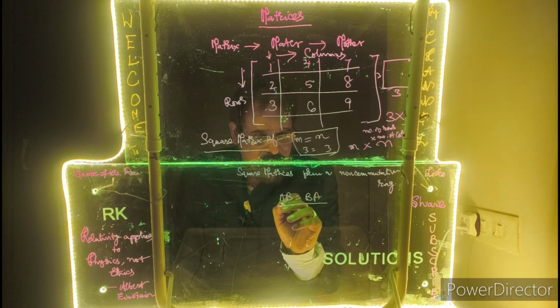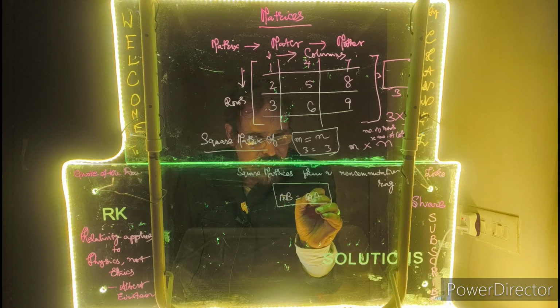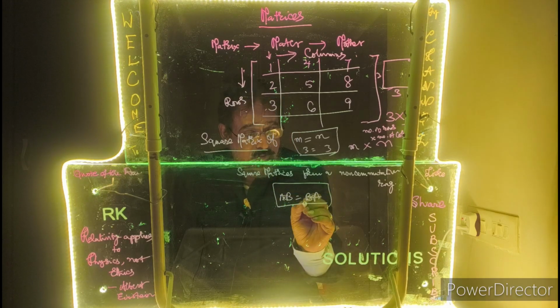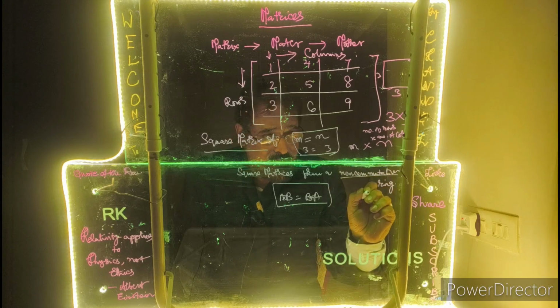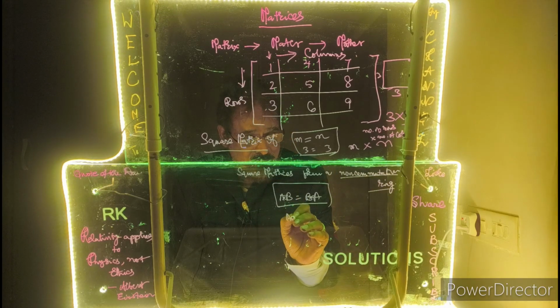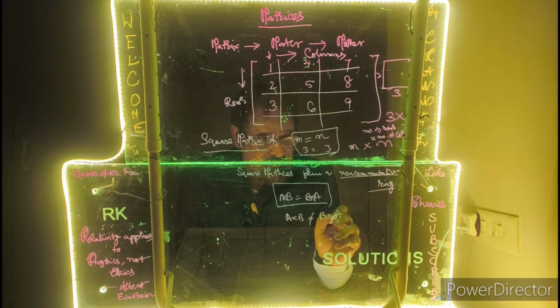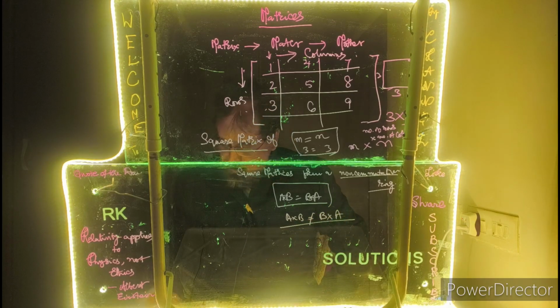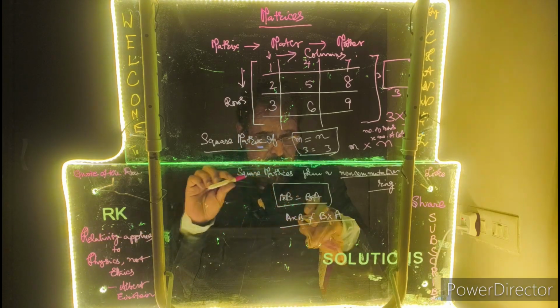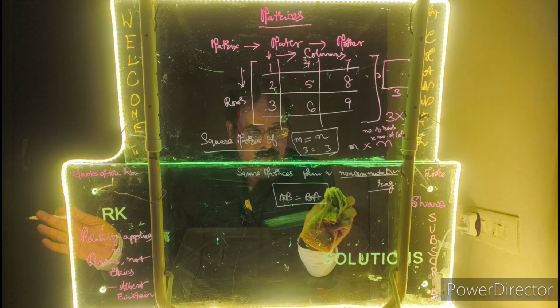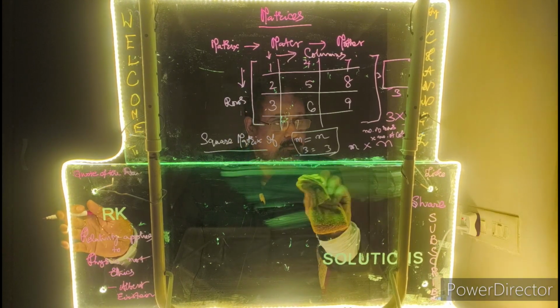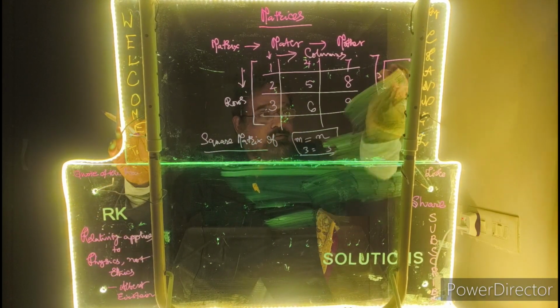Let's say this is commutation, right? A into B equal to B into A, multiplication. So non-commutative means A into B is not equal to B into A. The very word commutative means actually the product of these two will be the same, irrespective of the order, right?